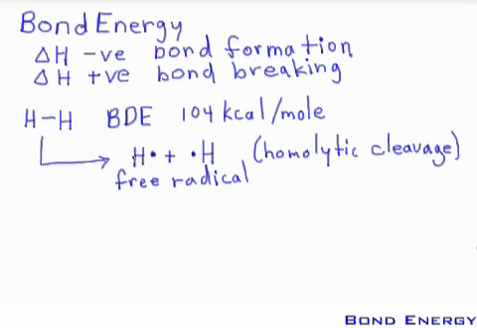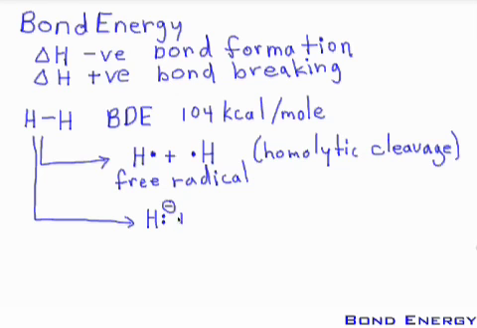Now, what alternative cleavage could we conduct on this molecule? Well, if we wished, we could have broken the bond so both electrons went with one atom. If both electrons went with this H, then you'd have two electrons here. Hydrogen has one electron and is neutral. Add an extra electron and you've got a negative charge.